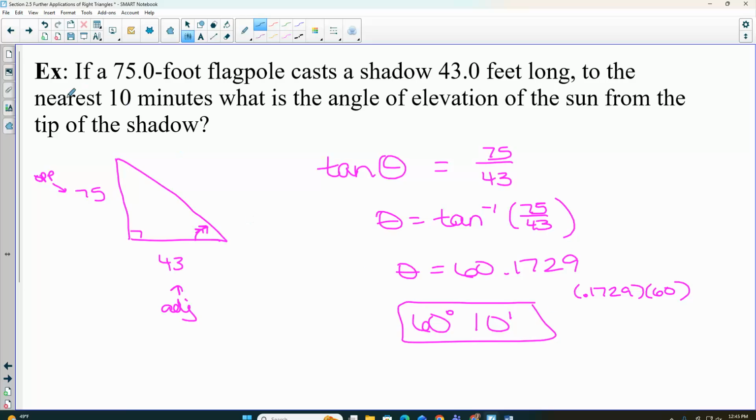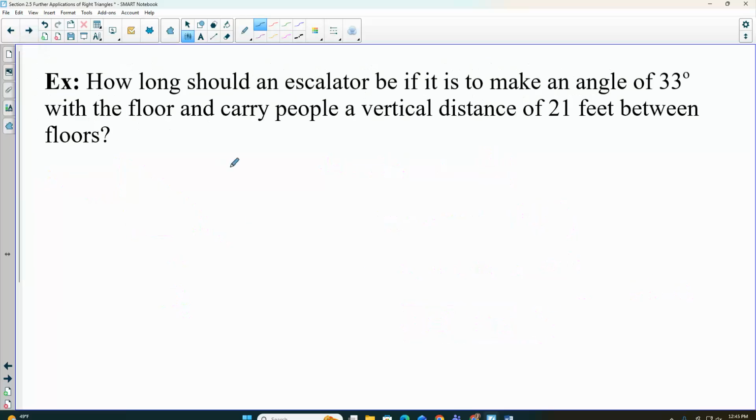Why don't you guys see if you can do the next question on your own? So an escalator, taking people upstairs, so that's the hypotenuse. We want to know how long it is, so that's our x. It makes an angle of 33 degrees with the floor, so the floor is down here, and carries people a vertical distance of 21 feet.